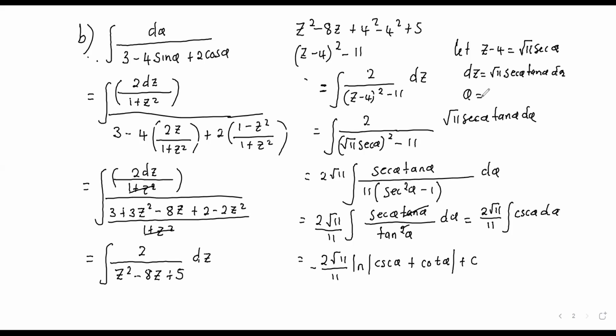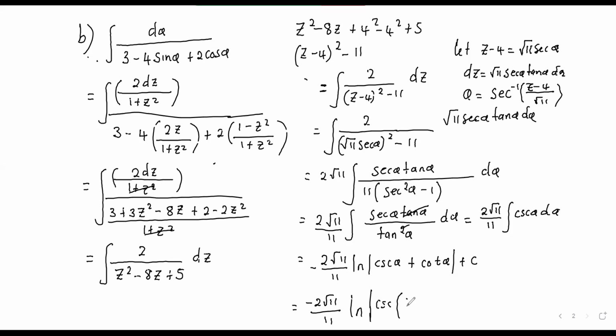So our theta was sec inverse of z minus 4 over root 11. So you substitute where there is cosec. You put minus 2 root 11 over 11 ln cosec.